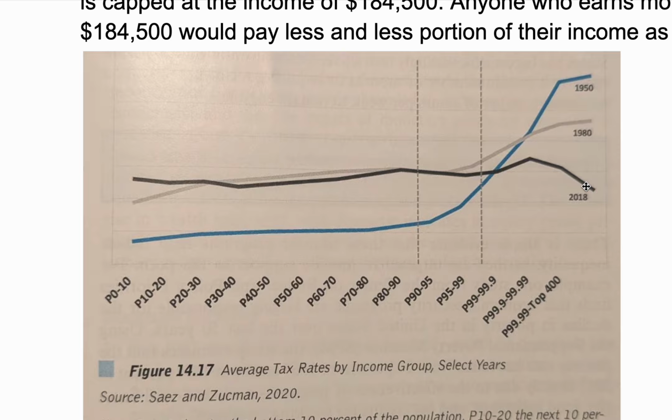We also have sales tax, which is very, very regressive. In Vermont we have to pay about 6% sales tax. So no matter if you're rich or poor, you have to pay that.